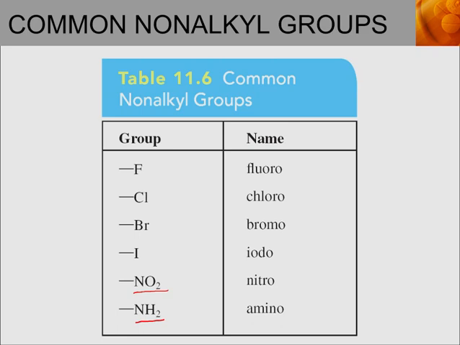And for instance, fluorine, if it's a non-alkyl group on your chain, we're going to call that fluoro. Same for chlorine, that becomes chloro. Bromine becomes bromo. Iodine becomes iodo. NO2 is nitro. NH2 is amino. So these will be really handy as we move forward in organic chemistry.